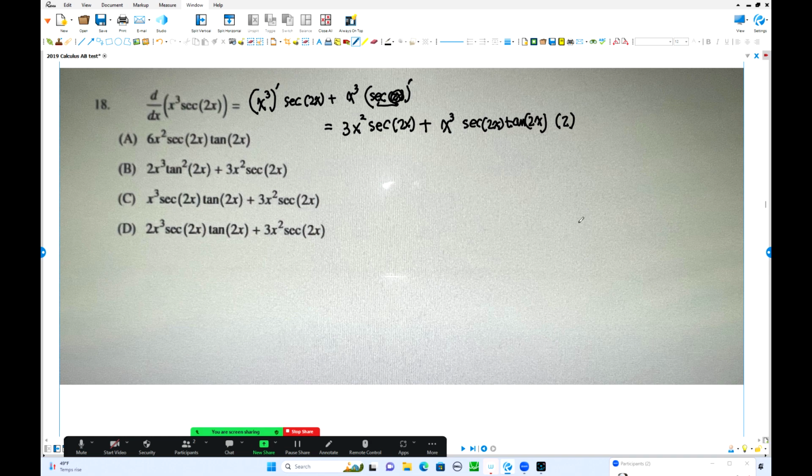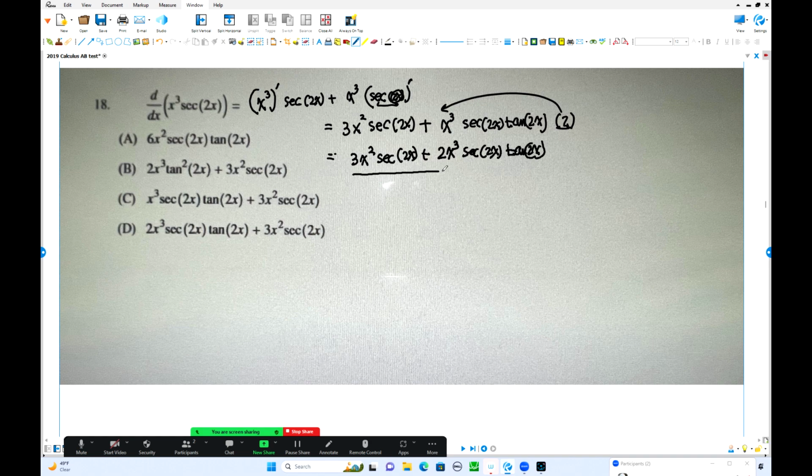Now simplify here. 3x squared secant 2x. This one, move the 2 to the front: 2x cubed, secant 2x, and tangent 2x.